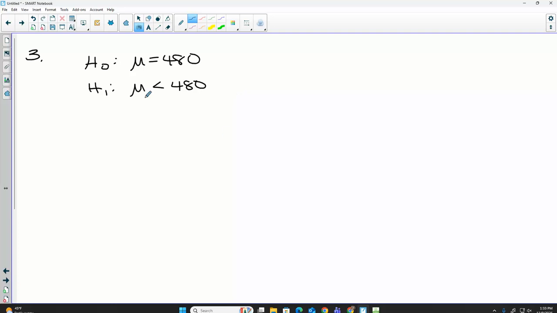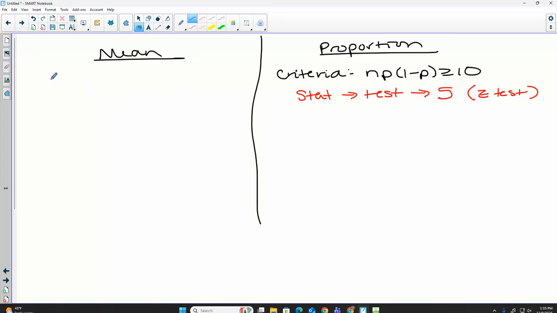Okay, I'm talking about a mean. We should verify criteria here. Right, it told me it was normal in the problem, so I don't have to worry about that. In general, if I'm talking about a mean, what is my criteria?